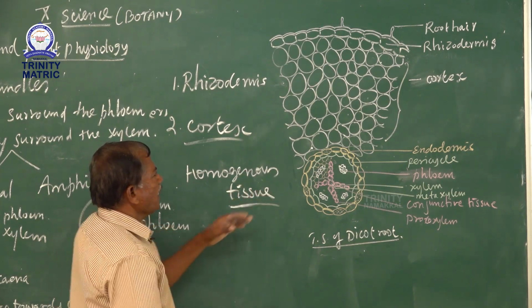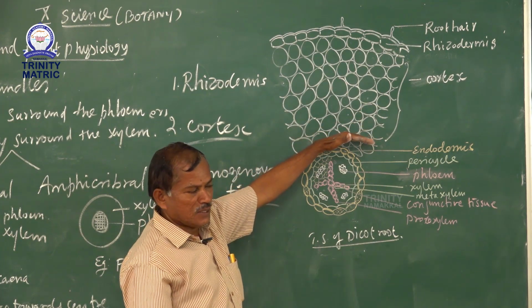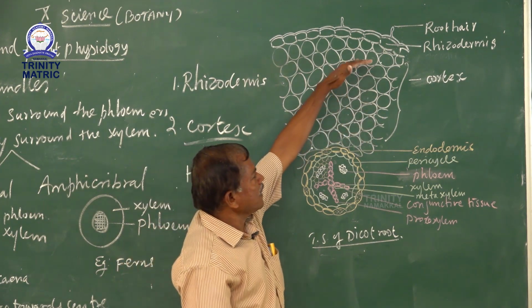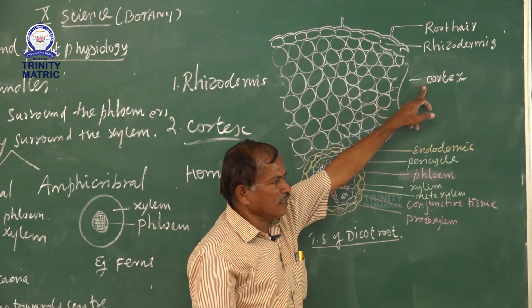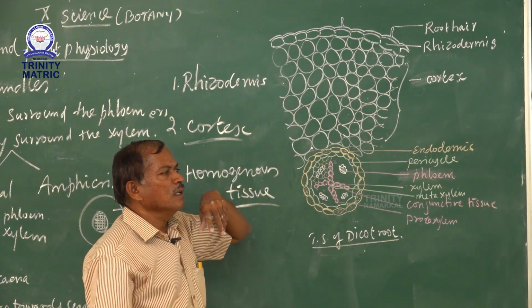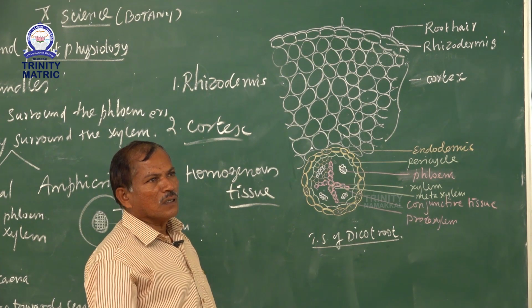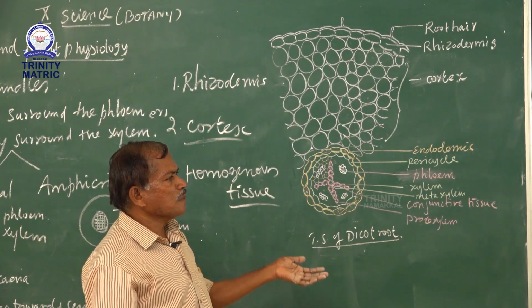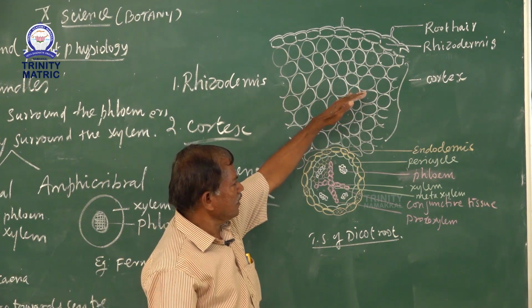That is, parenchymatous cells are arranged in the cortex region. A few layers of cells constitute the cortex region. Sometimes in roots, for example potato, sweet potato and ipomoea, food material is stored in the cortex region.